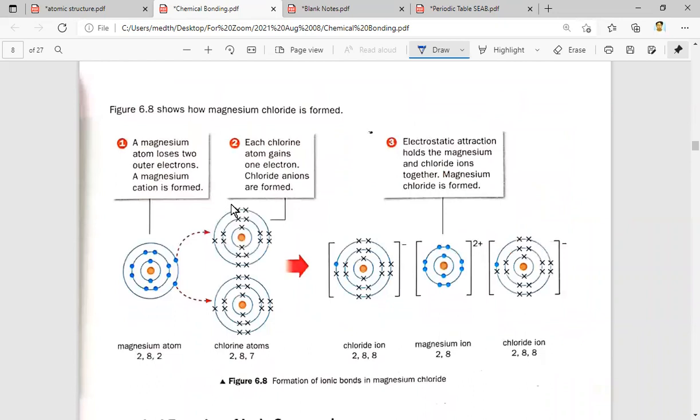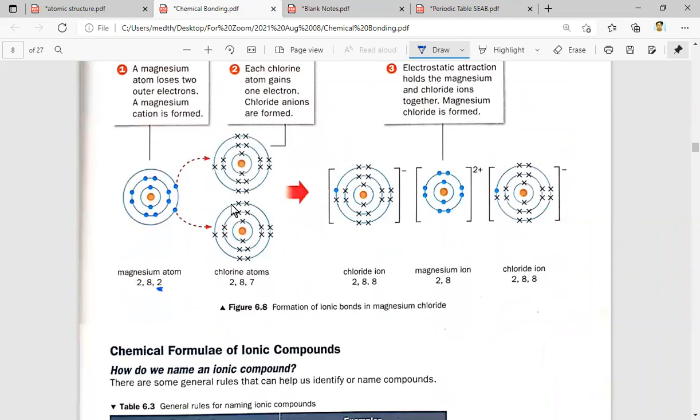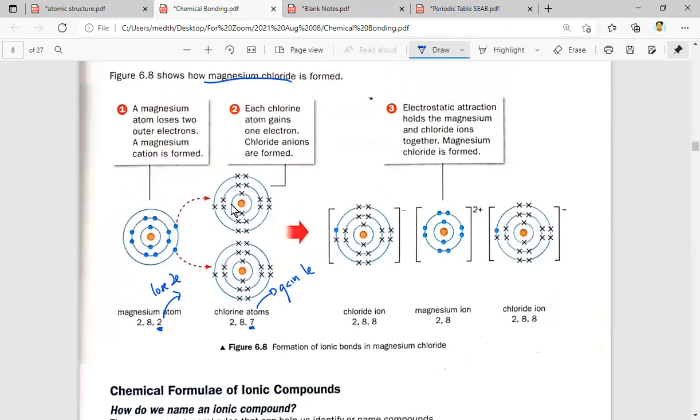Now, what if I've got magnesium chloride? For magnesium, it is 2, 8, 2. Chlorine is 2, 8, 7. So magnesium is going to lose 2 electrons. Chlorine can only gain 1 electron. So what happens here is this.